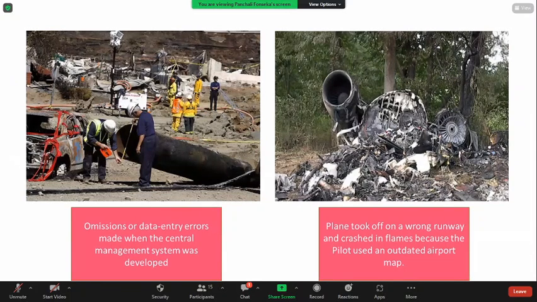For the second, the reason was they used an outdated airport map, and the pilot took off on the wrong runway and crashed. The airport was updated, but the map was not updated. So you can see that if you do not carefully handle the data, the consequences will be very bad.